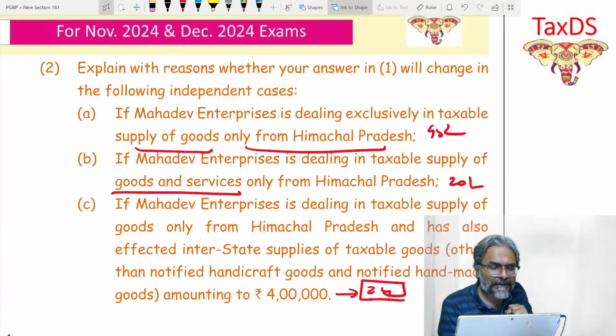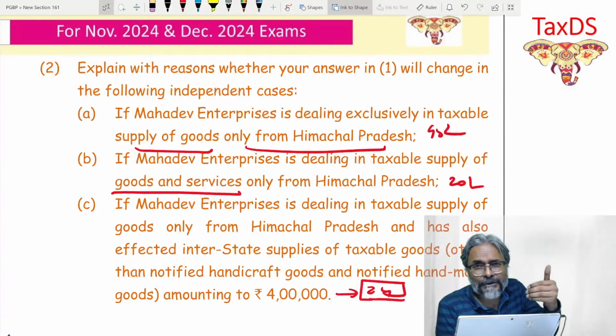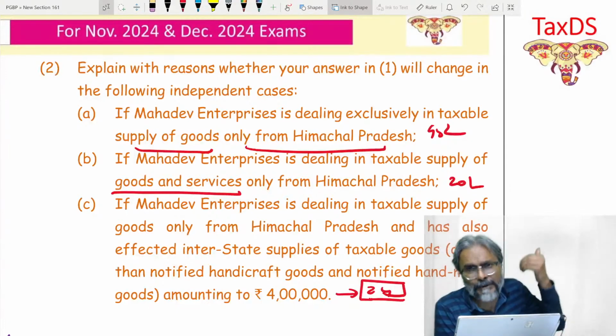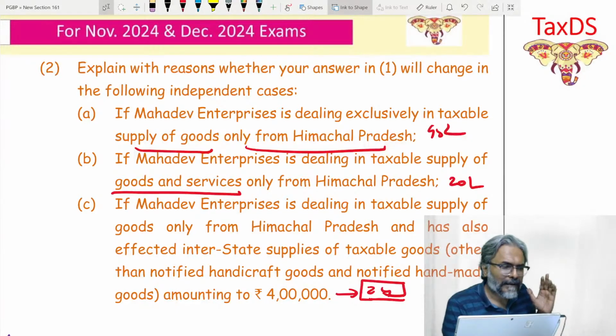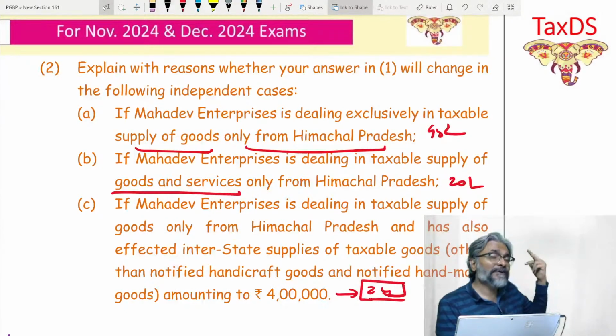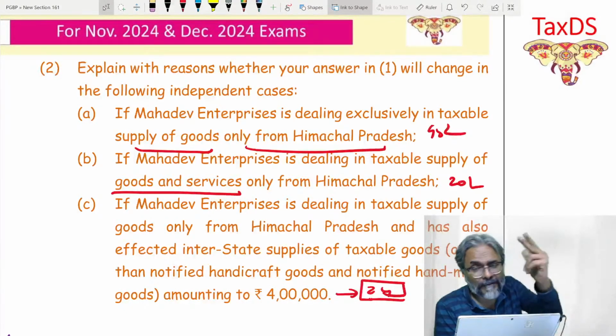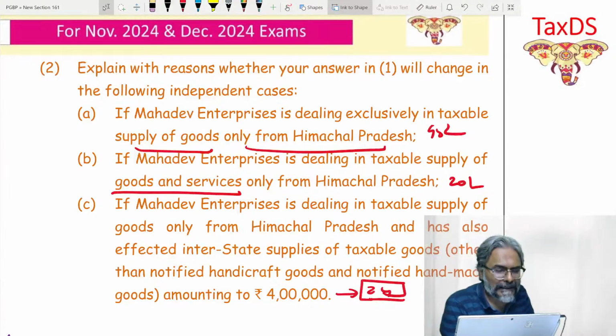The difference is this, that you need to make an application within 30 days from the date when you are liable to get registered, and that will decide whether the registration will be backdated or it would be from the date of registration itself. That exactly is the point.